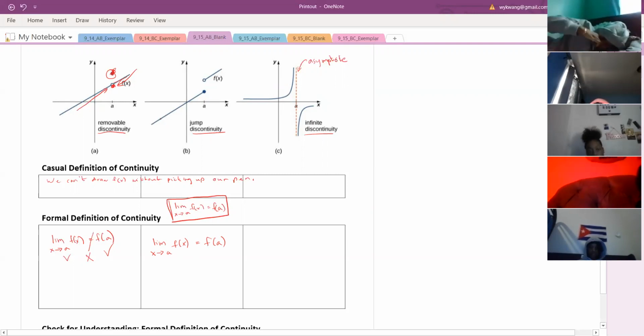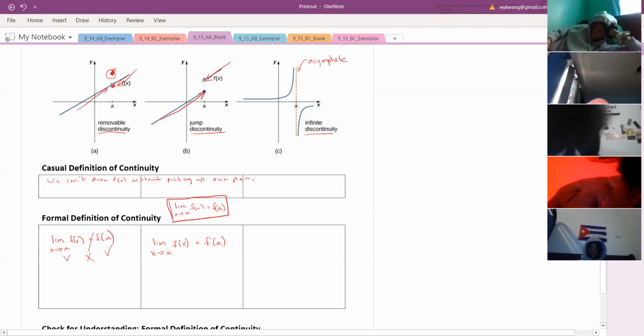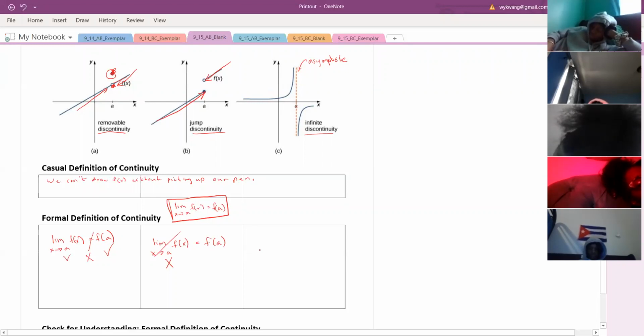But we know it doesn't exist because the limit approaches one point from the right and a different point from the left. So it fails this first requirement. Once it fails any of them, we don't even have to look at the rest. We know it's not continuous.